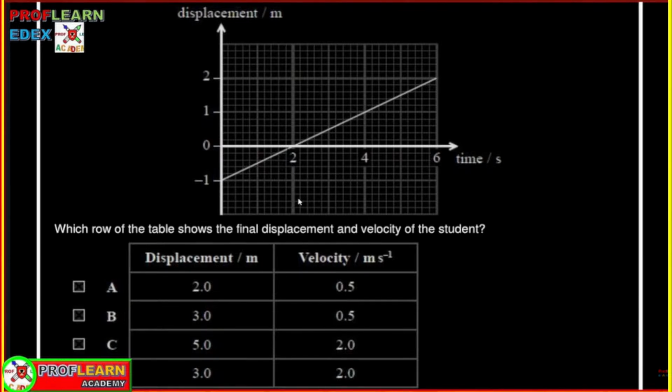Now you need to understand, when time is 0, it means that's the initial point. So the student moved some distance to the negative side and then moved from that particular point some distance to the positive side.